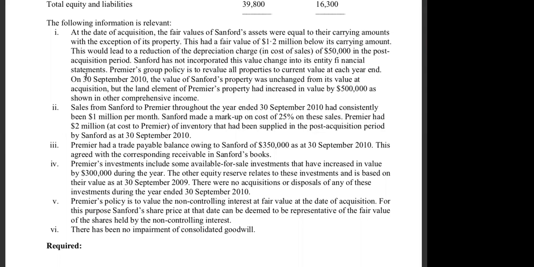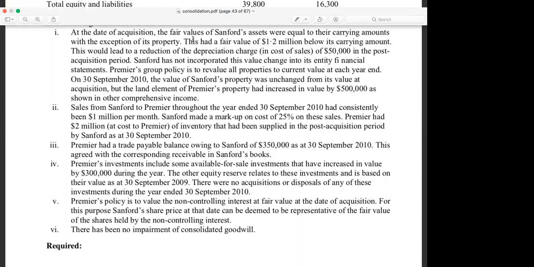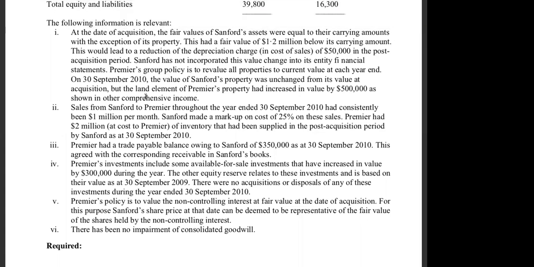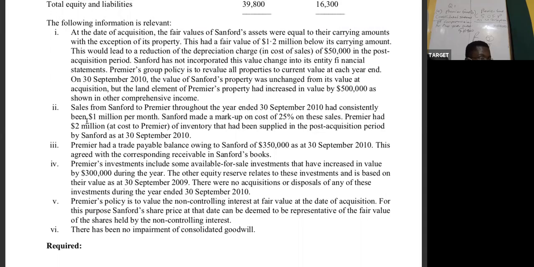Please, the question says it is 1 million per month. Had consistently made 1 million per month. So the whole year will be 12 million.